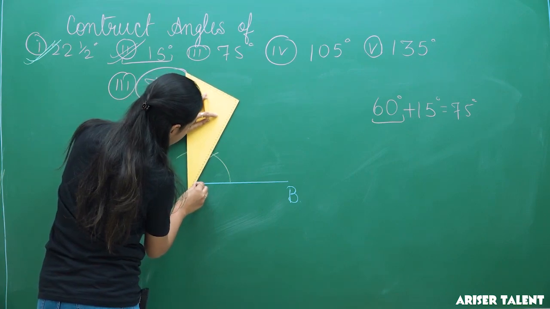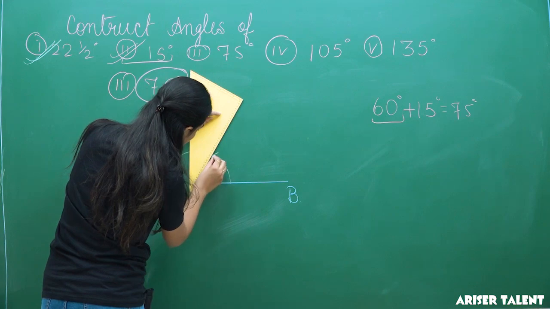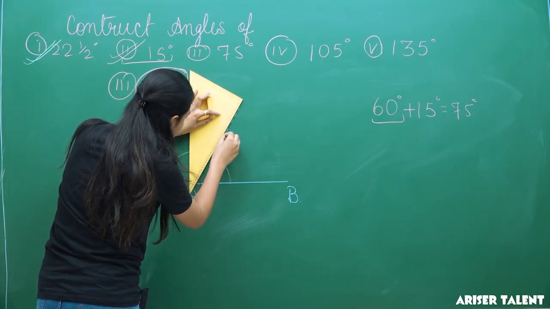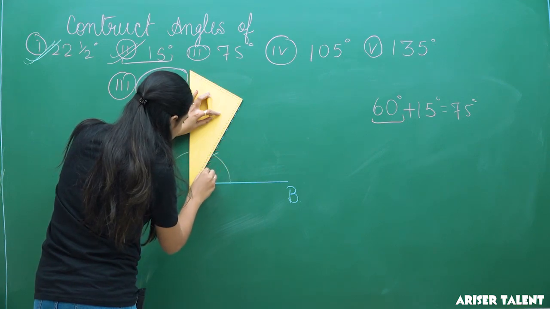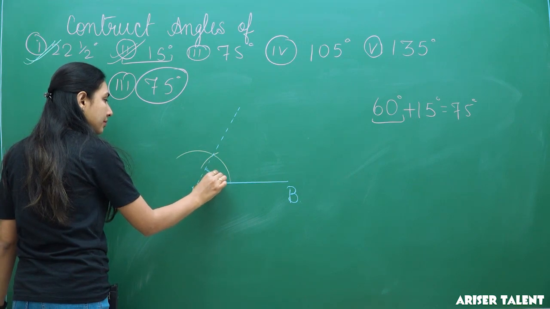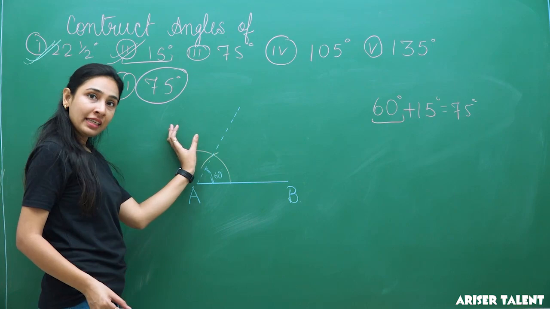Because this is not the actual angle, and I am just keeping it as a reference, I am just making a dashed line here. Okay, so this angle is equals to what? 60 degree. Now what I have to make? Angle 15 degree here.